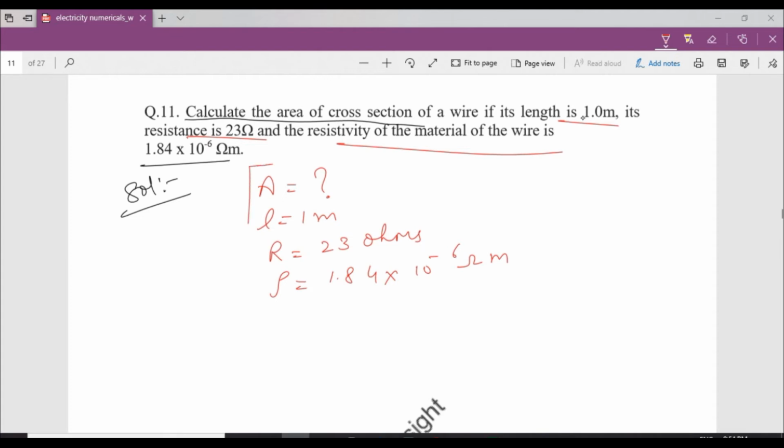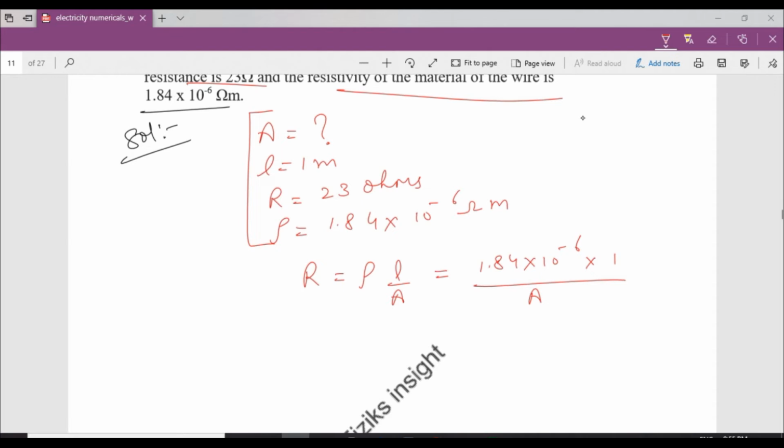So again remember the formula connecting all these four, that is R is equal to rho L upon A. So rho is 1.84 into 10 raised to the power minus 6 into length 1. Area we need to evaluate. The value of resistance is known to us, that is 23. So 23 is equal to 1.84 into 10 raised to the power minus 6 into 1 upon A.